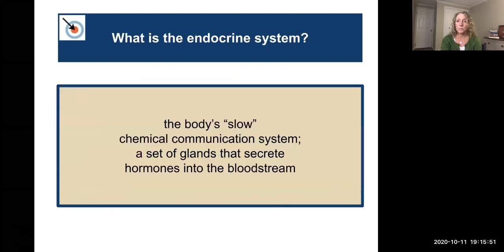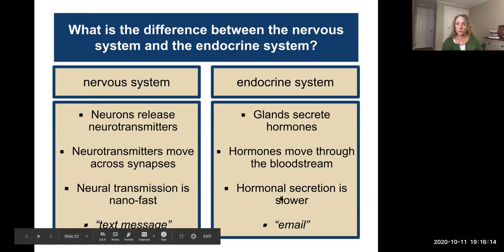All right, so the next thing we're going to talk about is something called the endocrine system. The endocrine system is another communication system. This one is actually communicating in the bloodstream with hormones. You've heard of hormones before, so we're just going to learn about them. And it's the glands that are activating the hormones. There are some differences between the nervous system and the endocrine system.